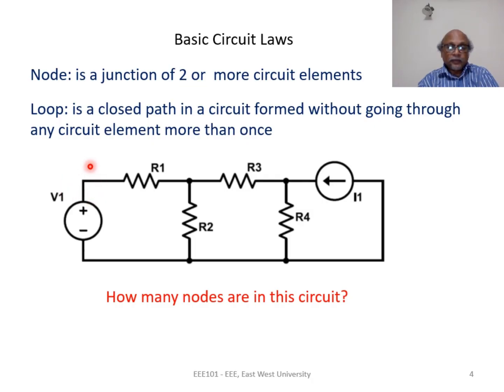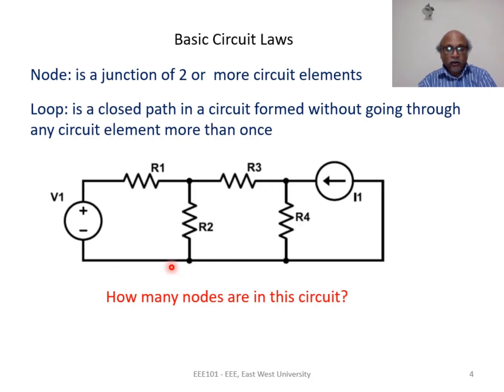This is a node. If we look here, three circuit elements are connected: R1, R2 and R3. So this one is also a node. If we look at this junction, again three elements are connected: R3, R4 and current source I1. So we observe three nodes: 1, 2, 3.